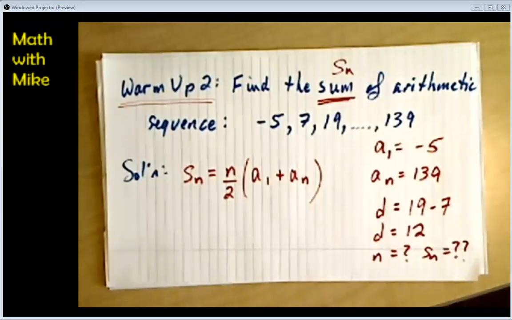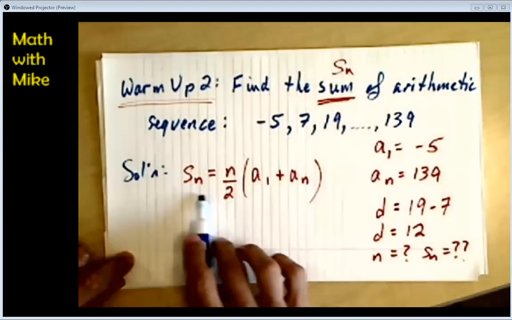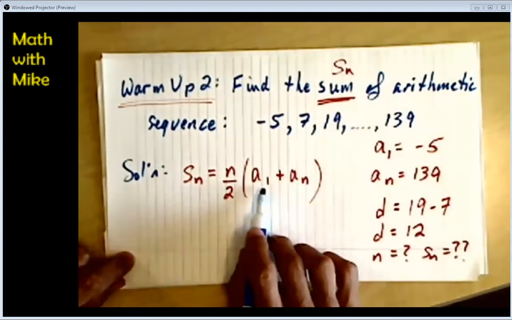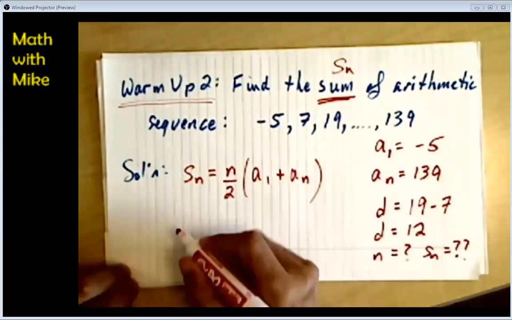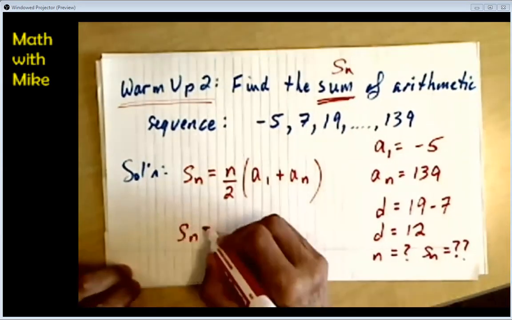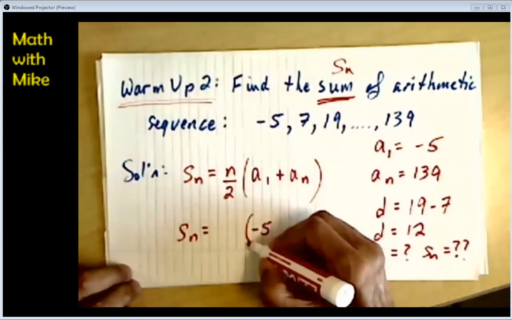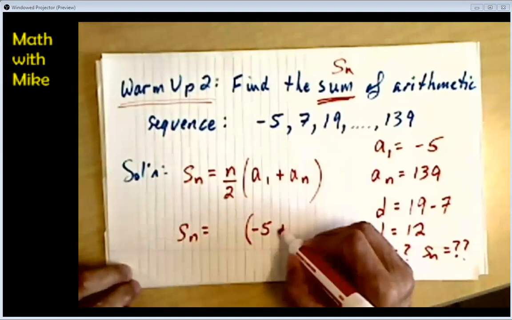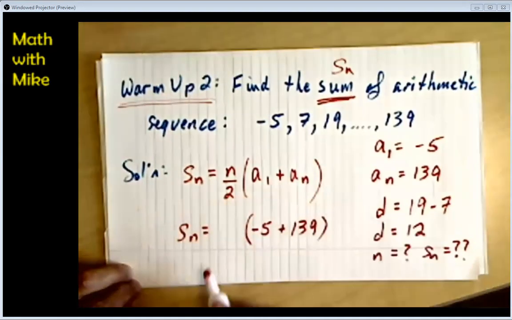So in order to get the sum, we have a1, which is minus 5, and we have an, that's 139. But we get stuck here. We don't know what n is, right?